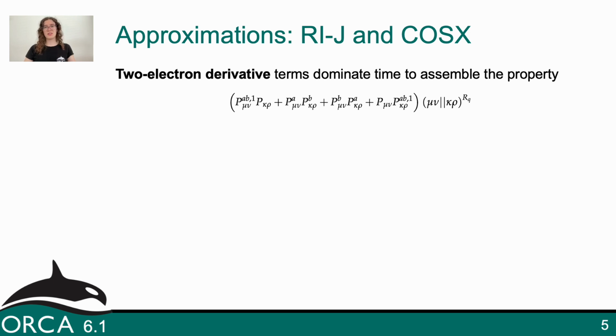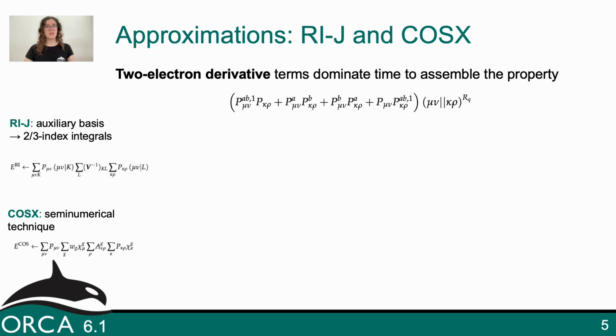So the most time-consuming part of assembling the polarizability gradient once the responses of the wave function are there is calculating this contraction of two electron integral derivatives with densities perturbed by the electric field. And it's possible to apply RIJ and COSX to terms like this.